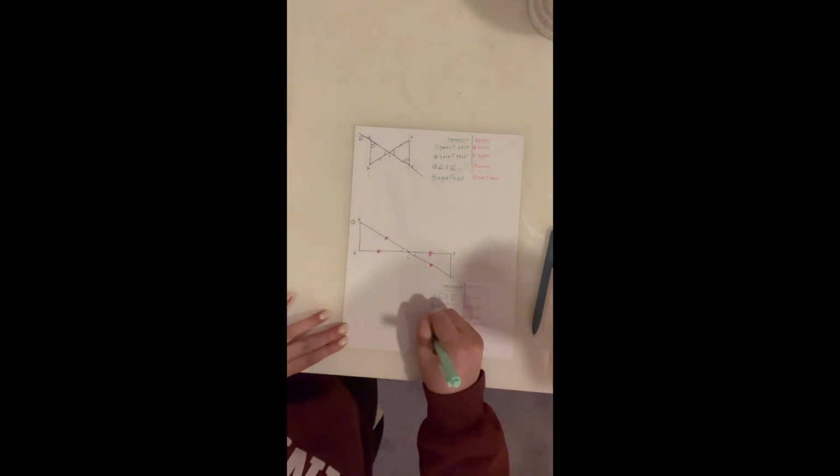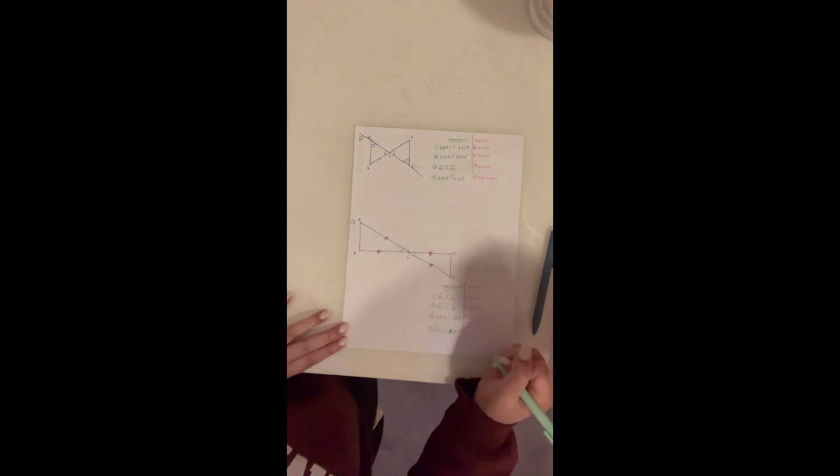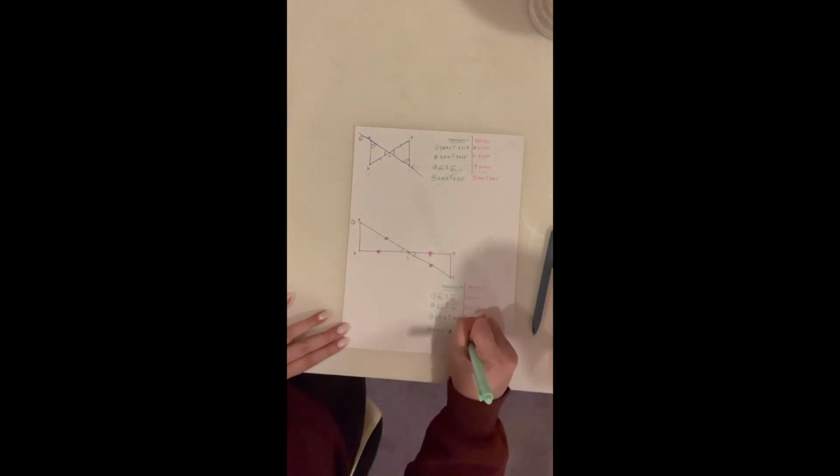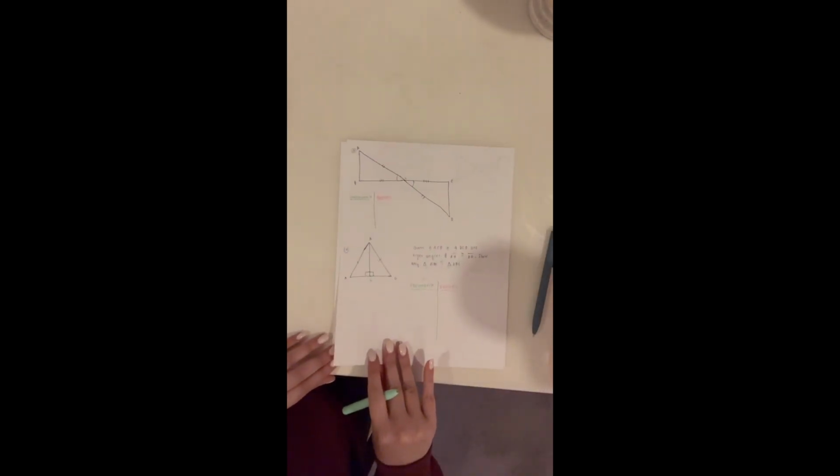So we would say that triangle ACB is congruent to triangle DCE because of side, angle, side is congruent to side, angle, side. Okay, and then we have two more examples here. Let's go to number 3.